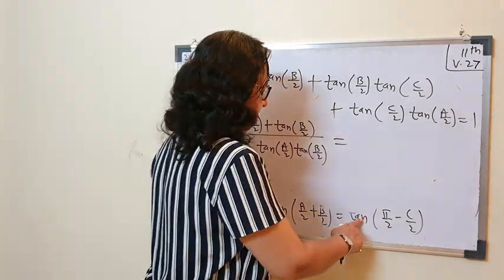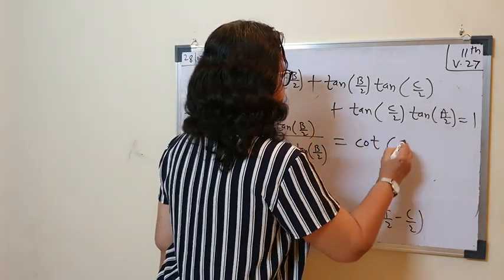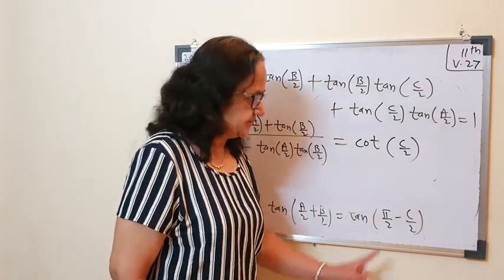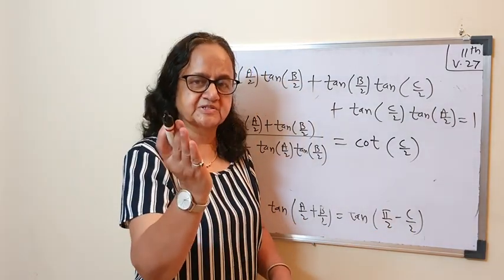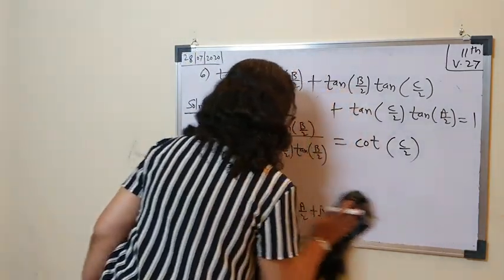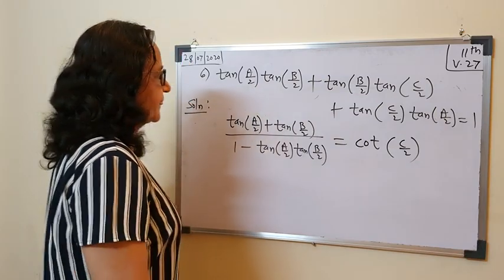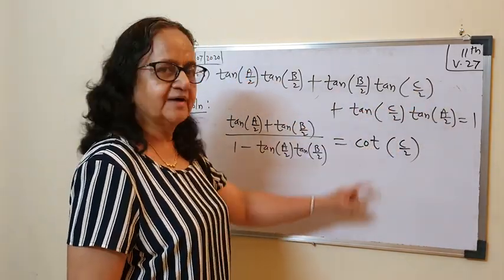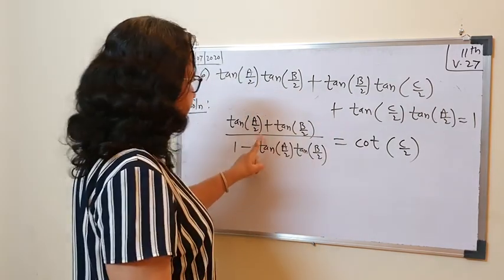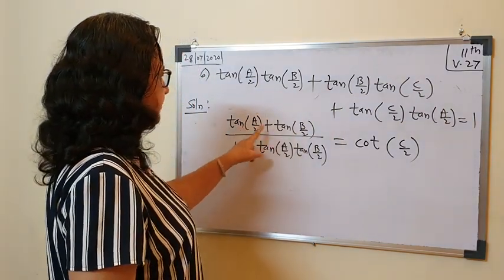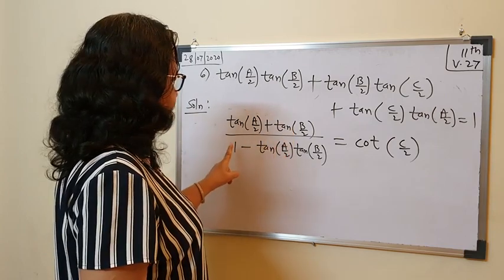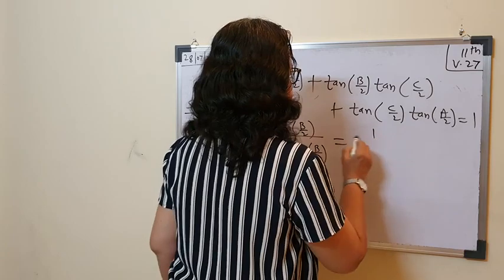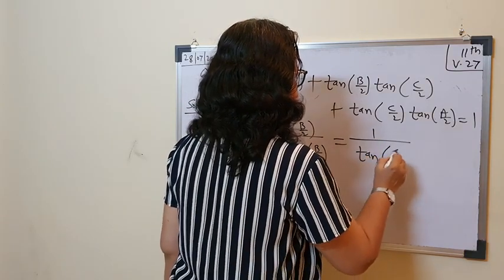So change tan becomes cot. Angle is C by 2. Which quadrant? Pi by 2 minus, I am in the first. In the first, everything is positive. So this is positive. But the whole problem is in terms of tan. So this cot, I want to write as 1 upon tan. So copy this as it is. Tan A by 2 plus tan B by 2 upon 1 minus tan A by 2 tan B by 2. And this is equal to 1 upon tan C by 2.